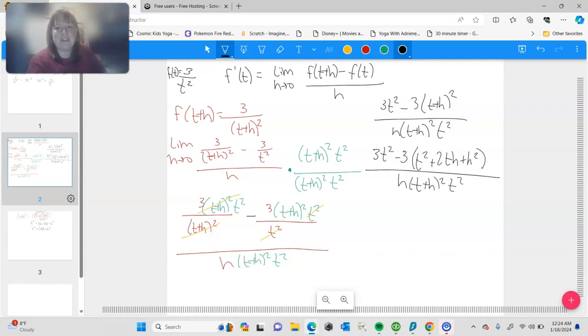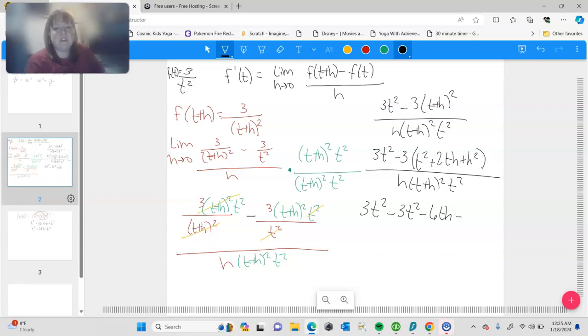So we're going to do that. We expanded it first by multiplying that out, and now we're going to bring that 3 in. Now remember, this is a negative 3, because it's minus 3, and so these are each going to be multiplied by negative 3. So we're going to do 3t squared, and then negative 3 times t squared is negative 3t squared. Negative 3 times 2th would be negative 6th.